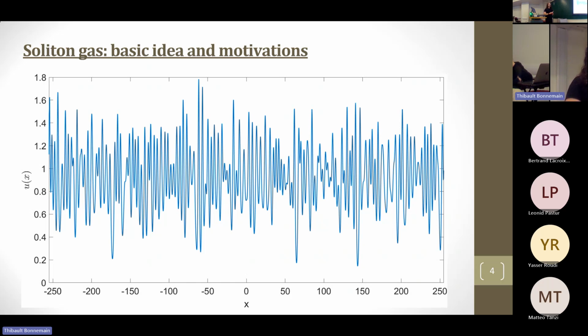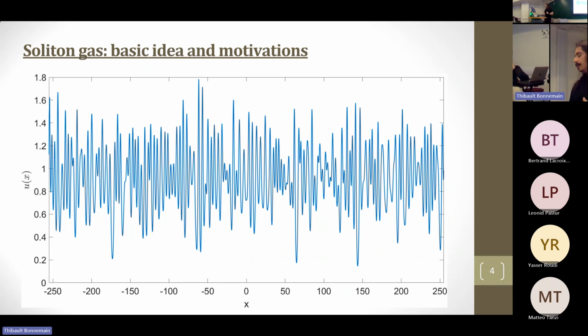So here, what we mean by Soliton gas is a random solution to the KdV equation, but one which can be, on a sufficiently large domain, described by a large ensemble of solutions.